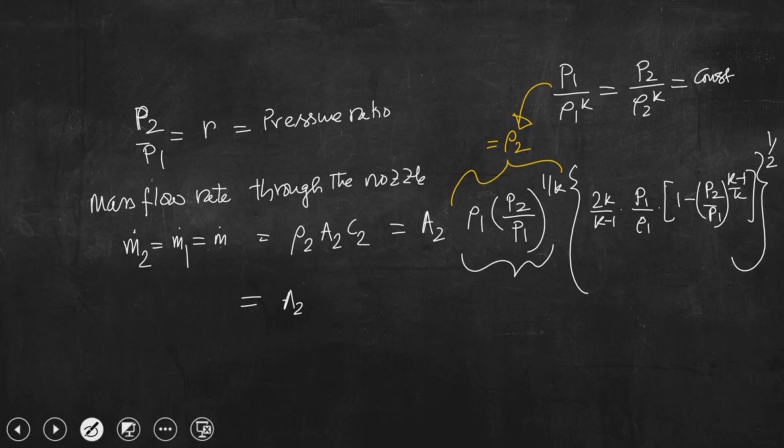Then what can we write? This should be rho 1 square and rho 1 power 2 by k. So, we can write P1 into rho 1, if we give the total under root. This is P1 by rho 1.